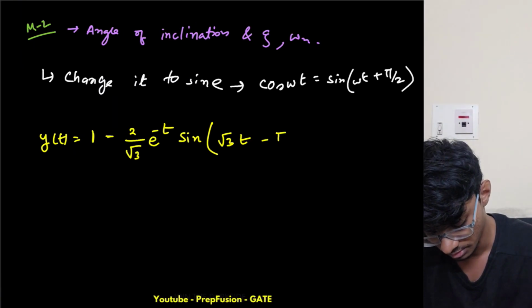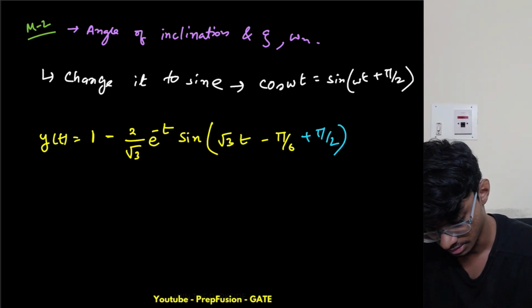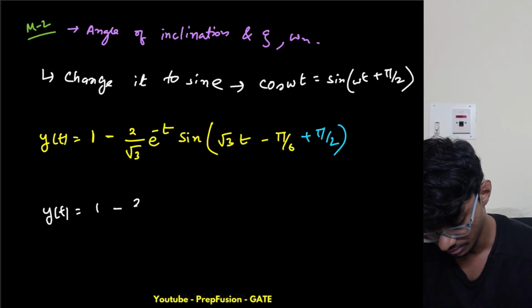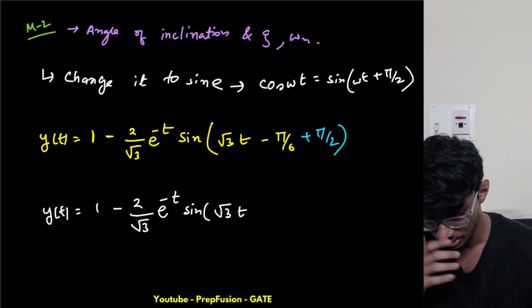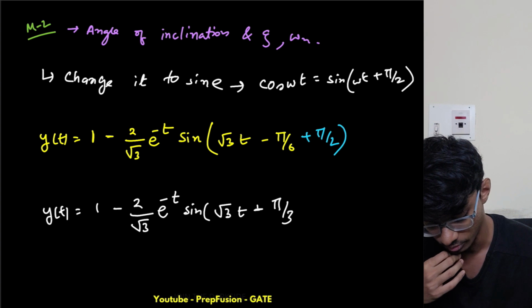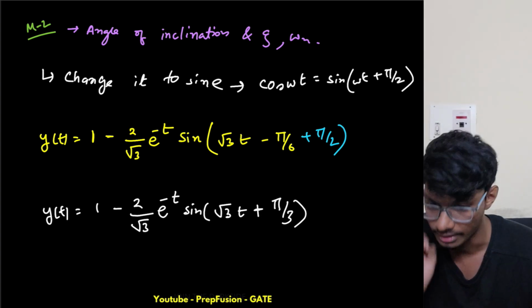So this is minus pi by 6 and plus pi by 2. So y of t equals 1 minus 2 by root 3 e raised to minus t upon sine root 3t, and this becomes plus pi by 3. Okay, so this is my standard format.